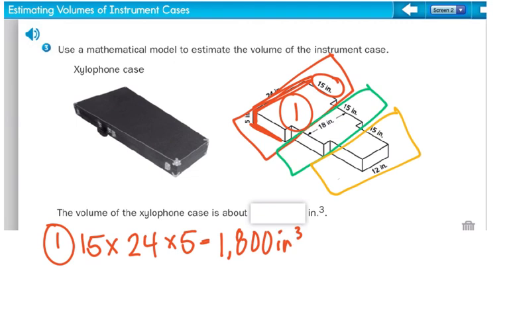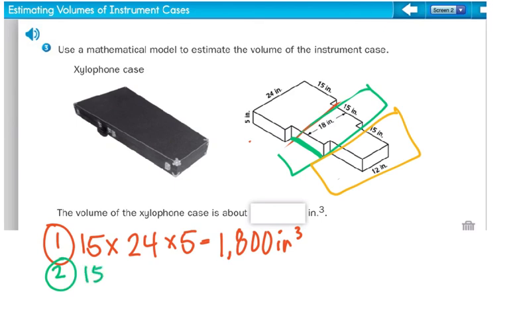Now let's take 2. Let me erase 1. We found the volume of that. 2. The length is 15. The width is 18. And the height, remember the height is the same in all of these.